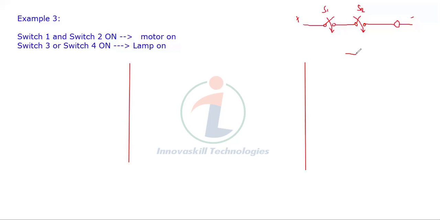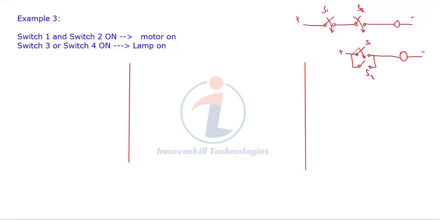But in case the switches are connected parallelly like this, two switches are there, both connected parallelly. So this is switch 1 and this is switch 2. This is positive and this is negative. What will happen if this switch is activated?